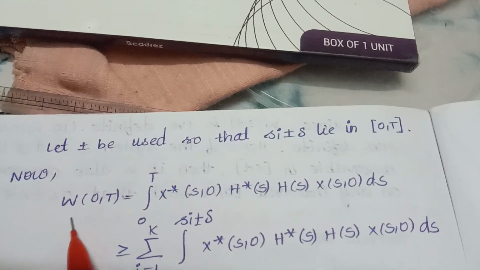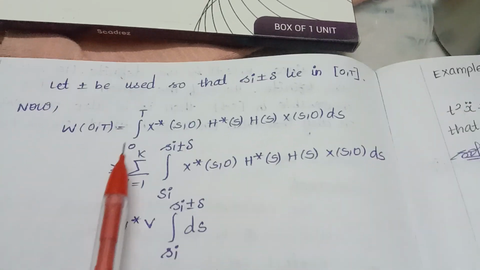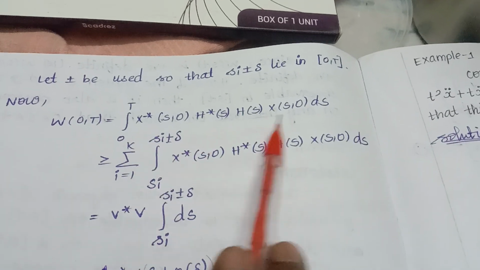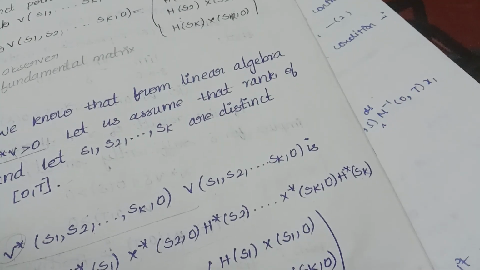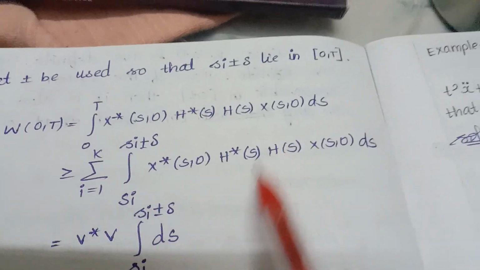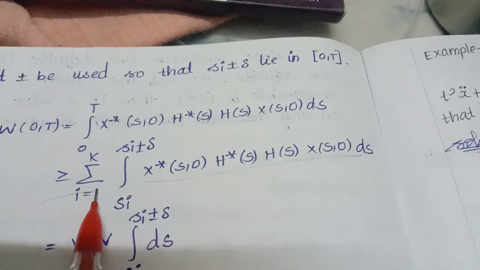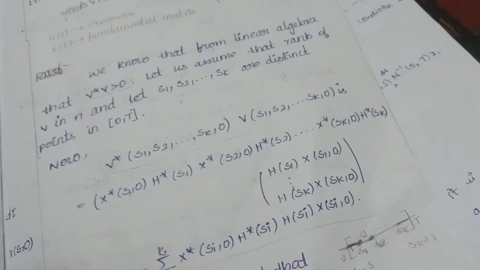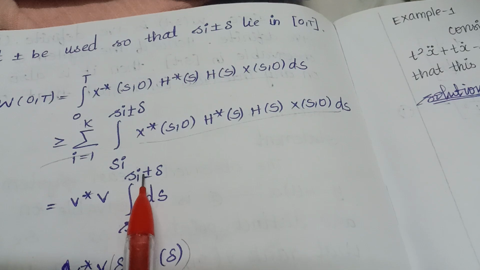Now we take W(0, T), the integral from 0 to T of X star of s, 0, H star of s, H of s, X of s, 0. It is always greater than or equal to the summation of the integrals over the neighborhoods, from si minus delta to si plus delta. The integrand is nothing but the summation of all these terms, which is V star V. So V star V on si plus or minus delta.